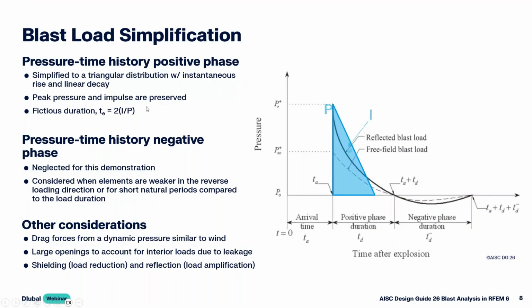But it's really important that we still maintain that peak pressure value and the impulse, which is the area under the curve. Therefore, we have this fictitious time here that we need to determine in order to simplify this with this triangular distribution.